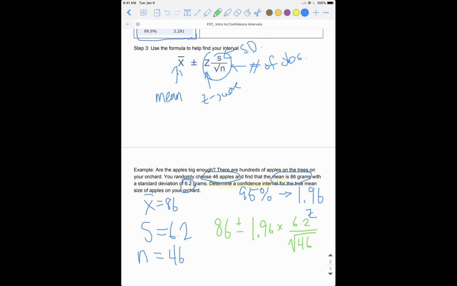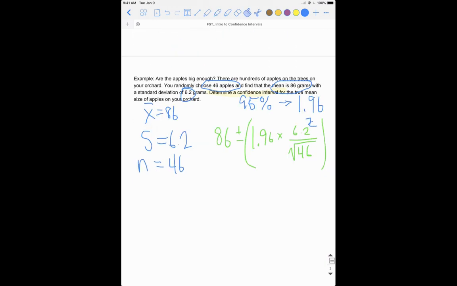If you're typing this into your calculator, I would do this chunk first and get out a value. If we type that in, we get approximately 1.792. So we get 86 plus and minus 1.792. Then I would break it into two pieces: do the addition, then do the subtraction. So 86 plus 1.792 and 86 minus 1.792.